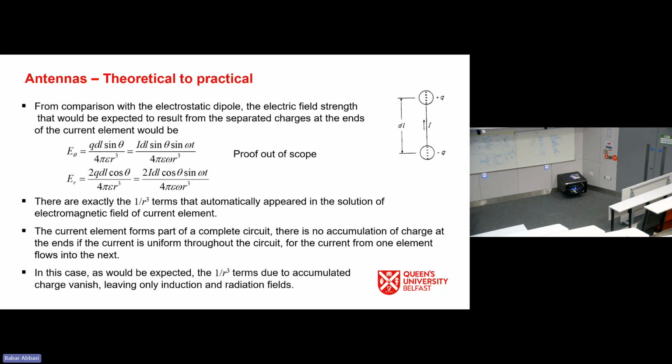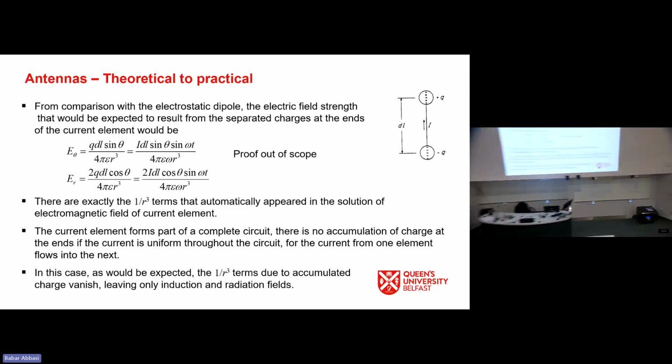Okay, first equation is E theta is equal to something is equal to something else. Let's look at that something else. What is I? I, current. What is dl? A small length of dipole.